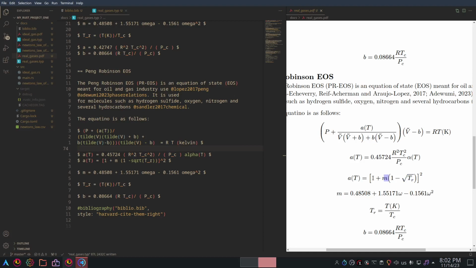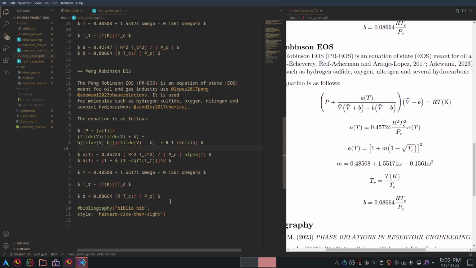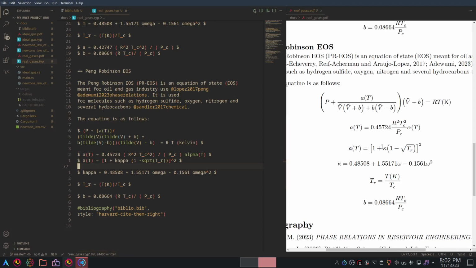This m here will stay inside, this 1 will stay inside. So it's pretty much similar. However, this m term here is sometimes in literature known as kappa. Let me change it to kappa, because that's what is in the textbook. Whatever this form is, this is the eccentricity factor form. So I'll just try to keep it consistent with the textbook.